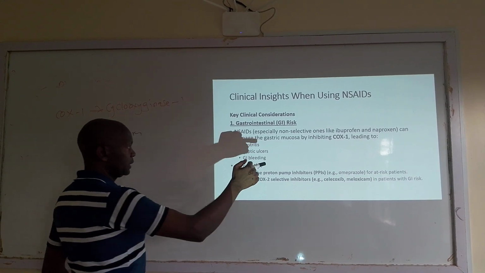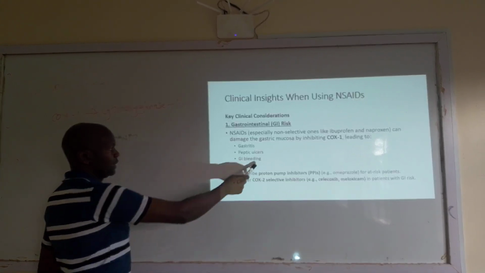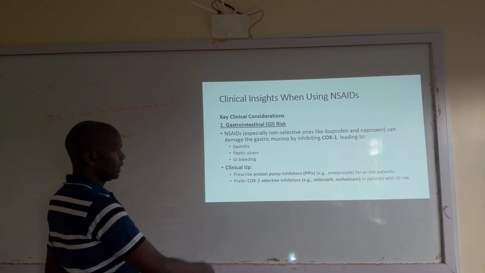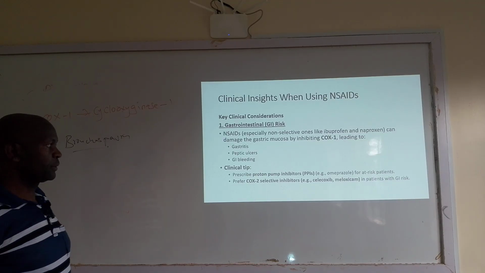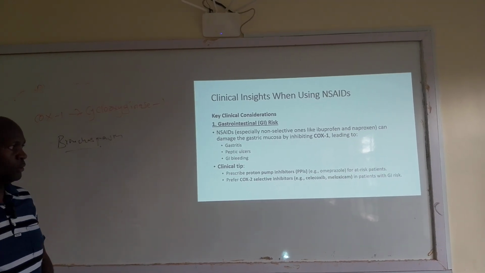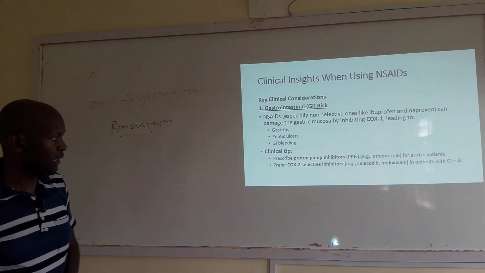So when you block it, the patient will get gastritis, peptic ulcers, and they can get GI bleeding. So as a clinical tip, you need to prescribe a proton pump inhibitor, for example omeprazole, to reduce the risks whenever you are prescribing this medication.